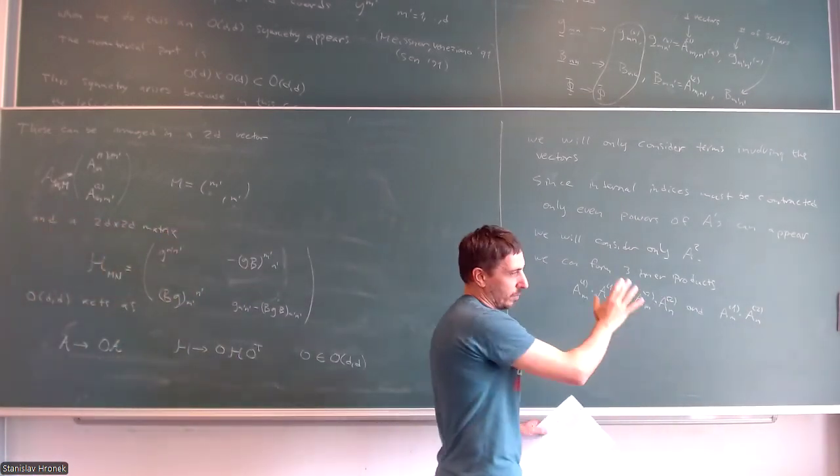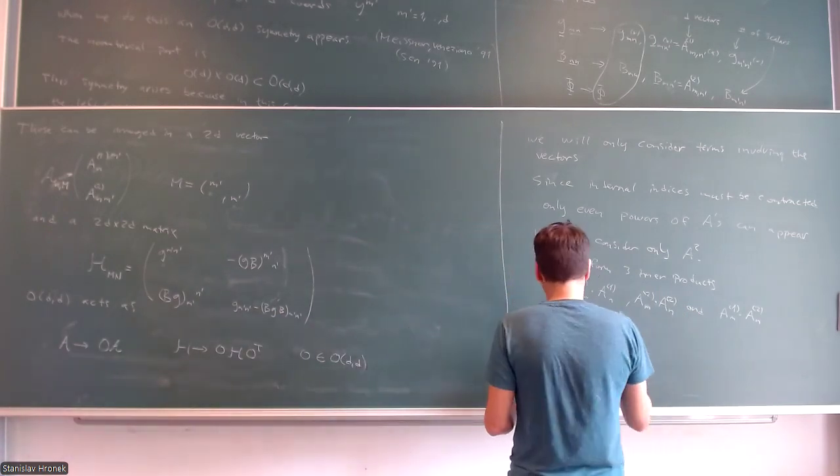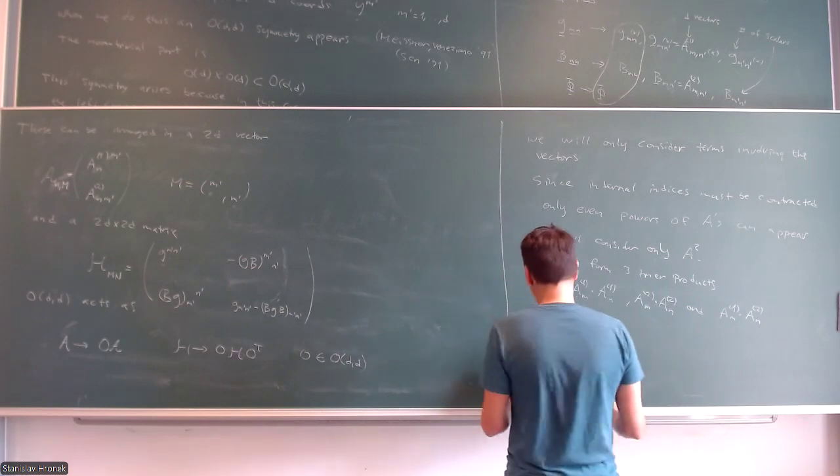These can all appear and will appear in the reduced effective action. But now comes the important point. There are only two O(d,d) invariants.